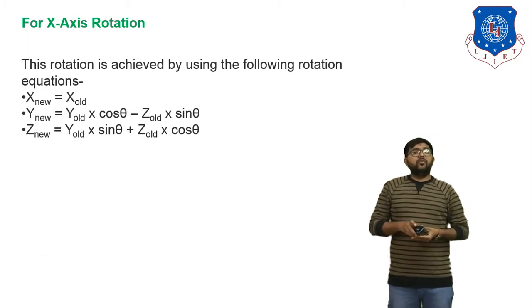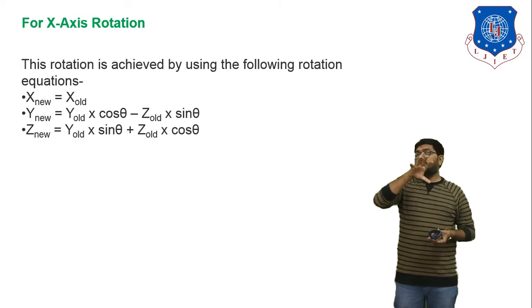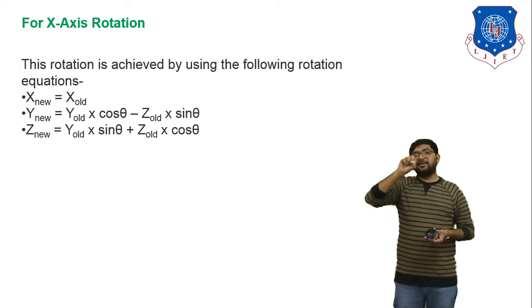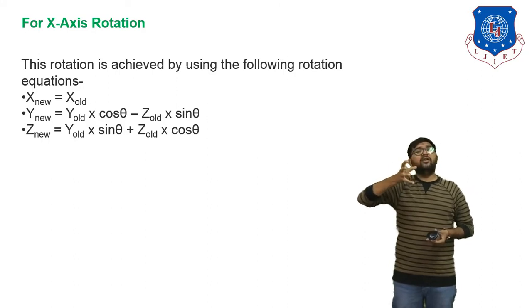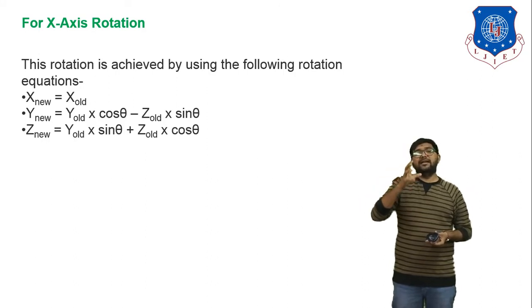Once you rotate any object about the x-axis, the rotation occurs in the yz plane. The meaning of that is, once you rotate an object about the x-axis, the x coordinate of the object remains constant, and only the y coordinate and z coordinate change, because the rotation occurs in the yz plane.